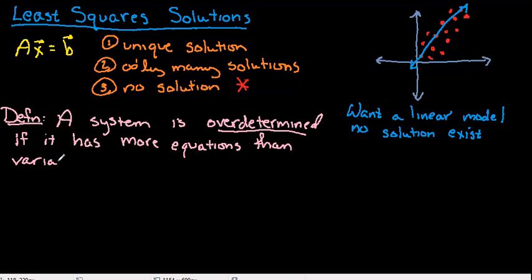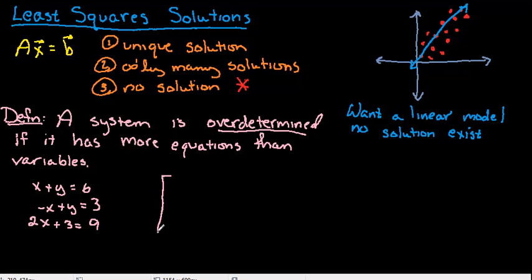Okay, and here's an example of an overdetermined system. Suppose we had x plus y equals 6, negative x plus y equals 3, 2x plus 3y equals 9. And we can put that in the form Ax equals b. So here's our coefficient matrix.